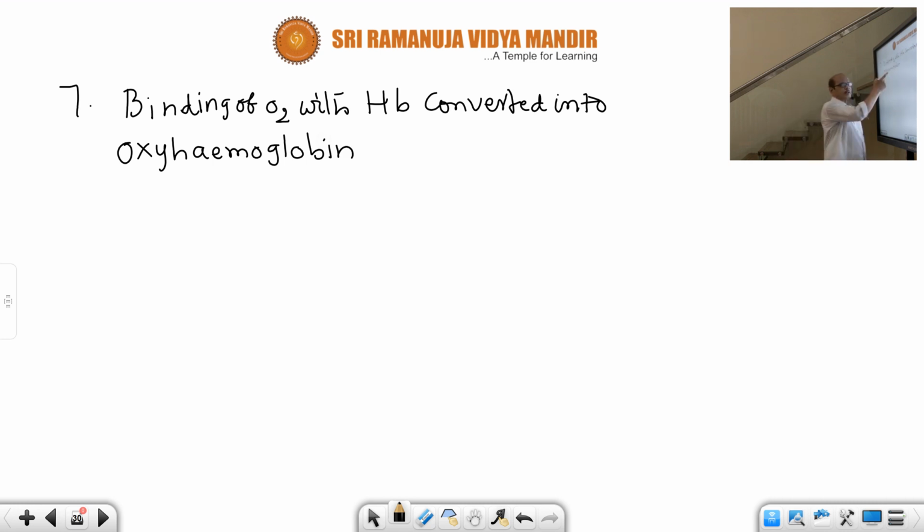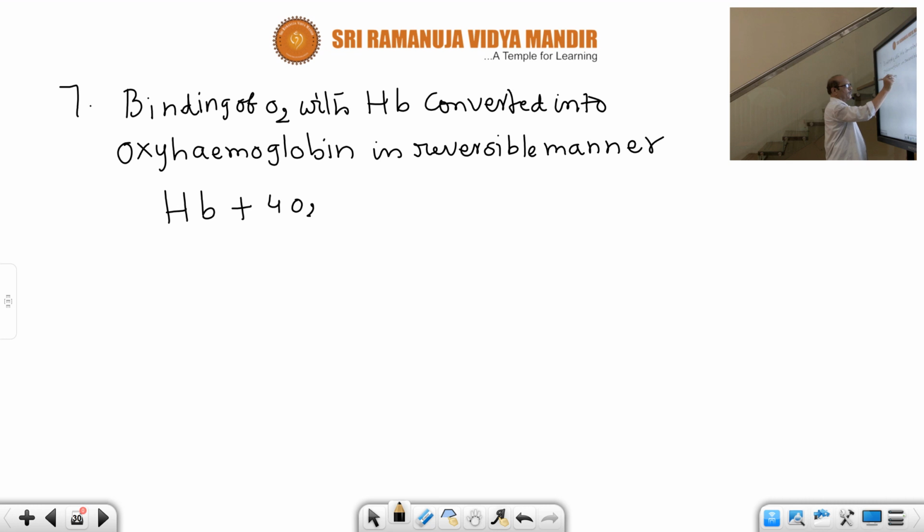In a reversible manner it is formed, because in the lungs oxygen is associated with hemoglobin, and in the tissues oxygen is dissociated in a reversible manner. The reaction is Hb plus 4O2 giving rise to Hb(O2)4. This is oxyhemoglobin.